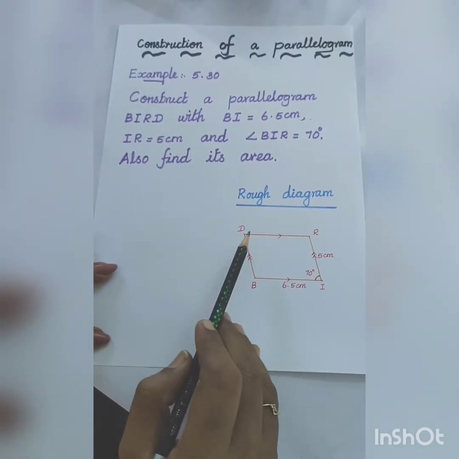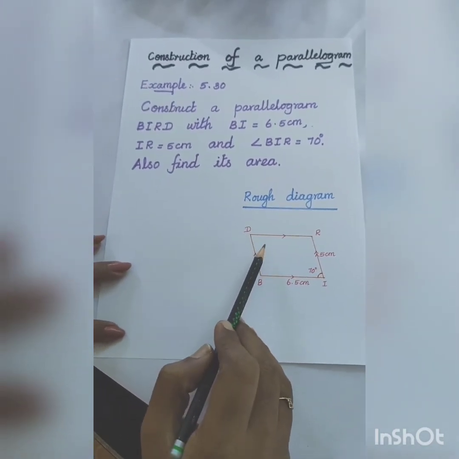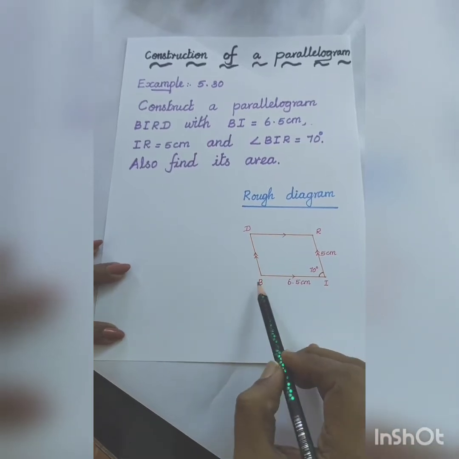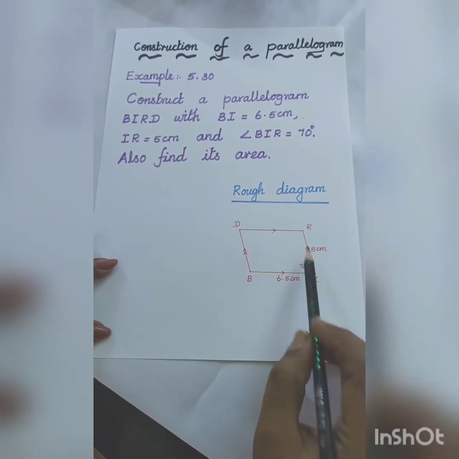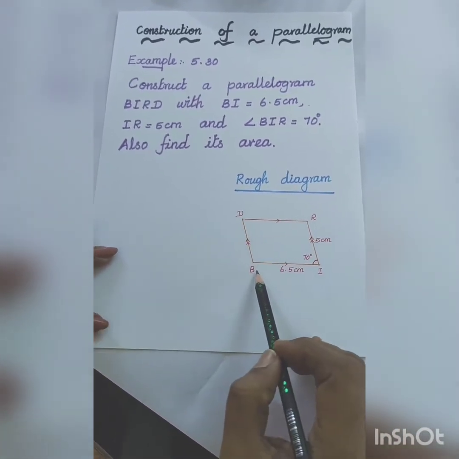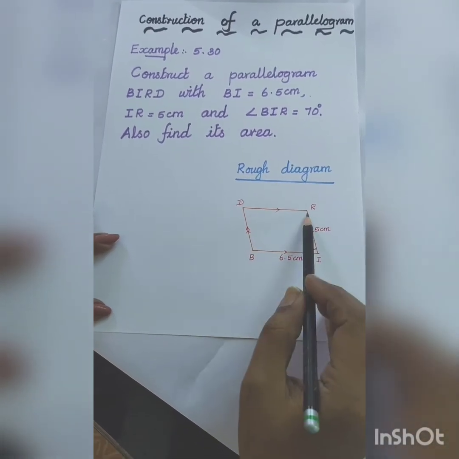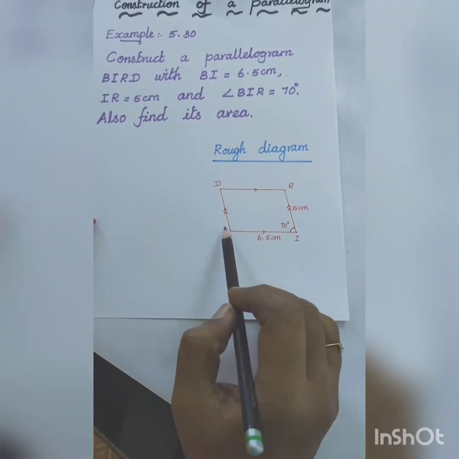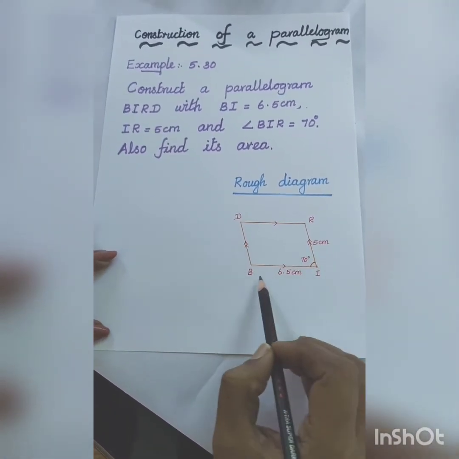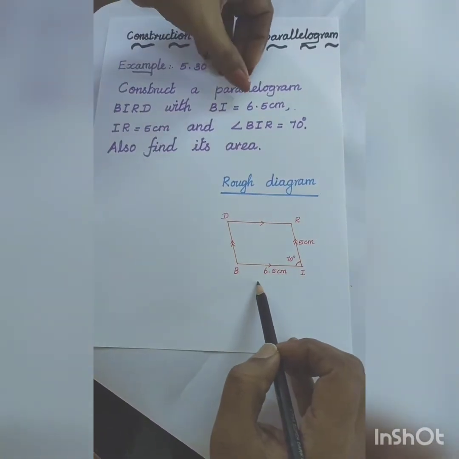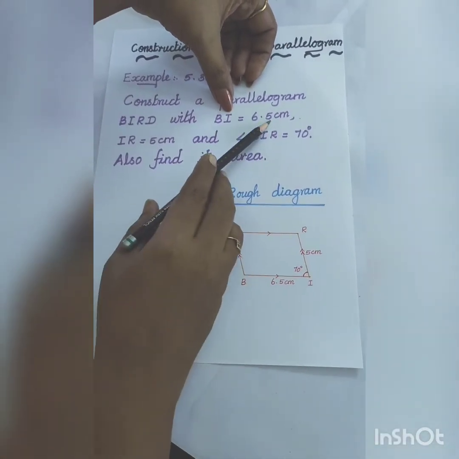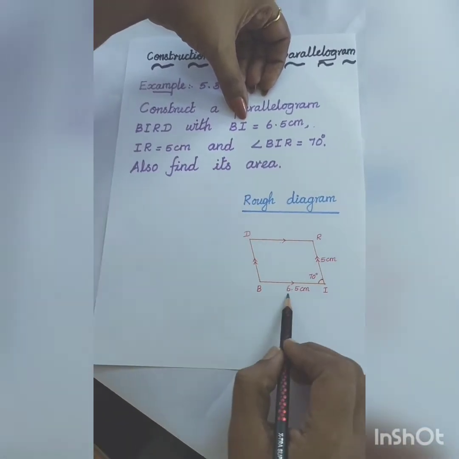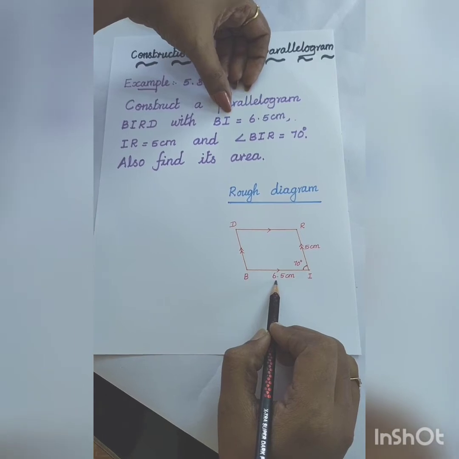Before drawing the main diagram, you have to draw a rough diagram. So first draw a rough diagram BIRD and note the sides IR, RD and BD. Mark the sides, and the given measurements: BI is equal to 6.5 centimeters.